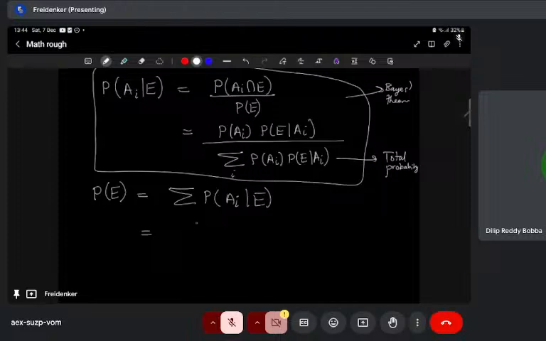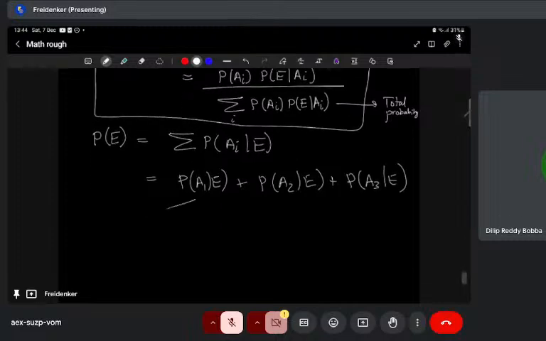So using Bayes theorem, just find the individual probabilities and add them. It's like P of A1 given E plus P of A2 given E plus P of A3 given E. So we'll first find these things.